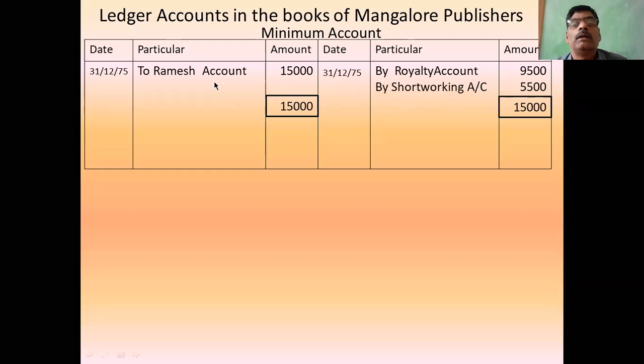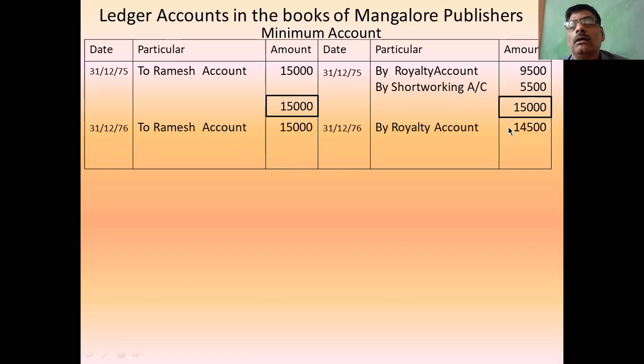First year completes. Debit side lessor name; lessor means author. Author is Ramesh. Credit side royalty and short working. Close the account. This will tally. And this debit side amount is minimum rent. Second year 1976, to Ramesh account 15,000.